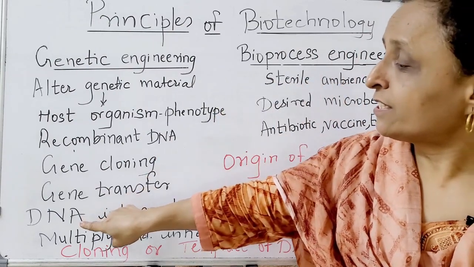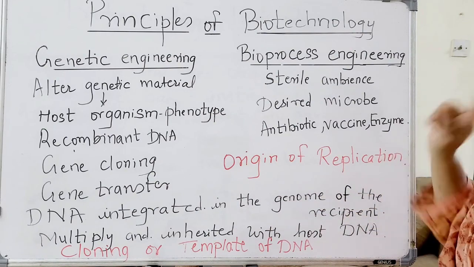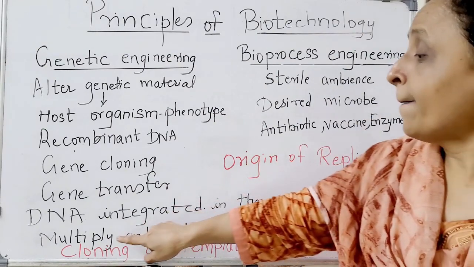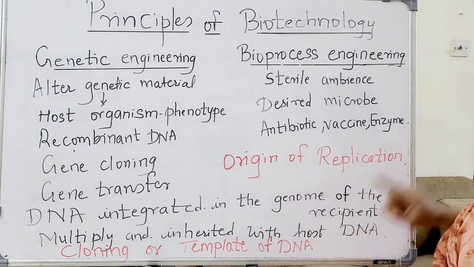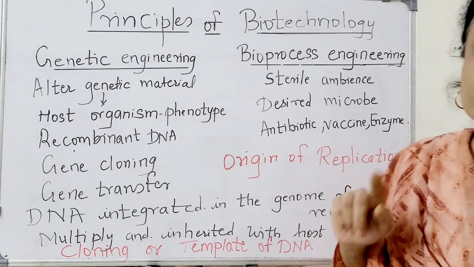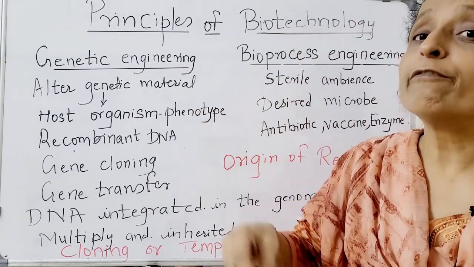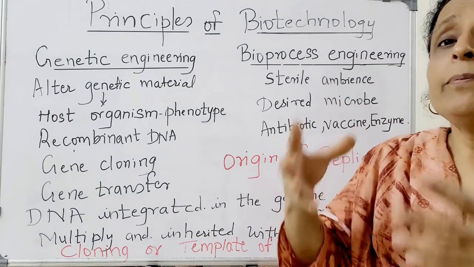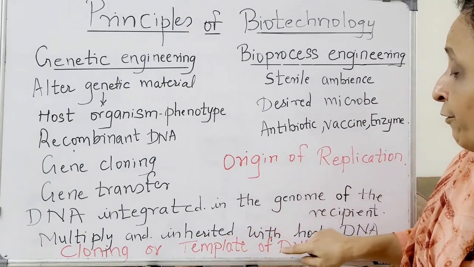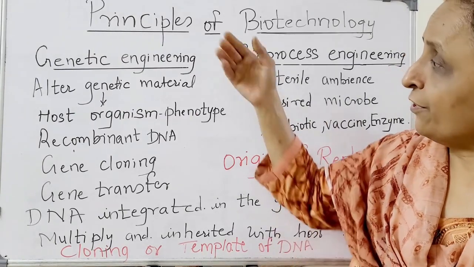Now this DNA will get integrated in the genome of the recipient, multiply and then be inherited with the host DNA. So the DNA is cloned. The cloning of the DNA takes place, or it is the multiplication of the template of DNA. So that is genetic engineering.